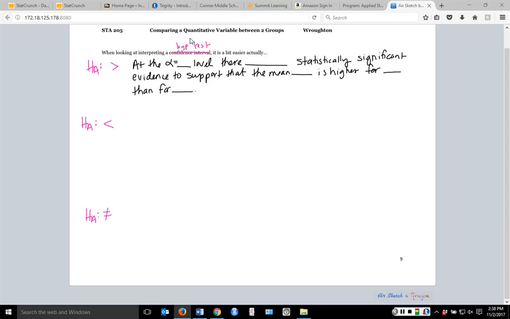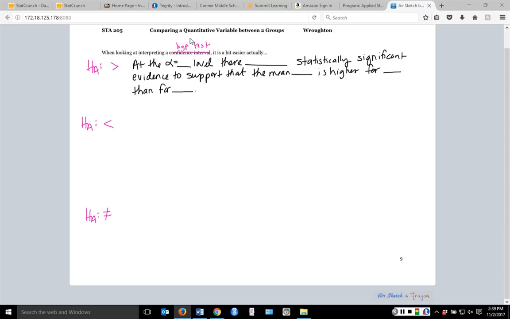So for our example, I might say there is evidence to support that the mean exam score is higher for exam 2 than for exam 3. Or I might say there is not evidence to support that the mean exam score is higher for exam 2 than for exam 3.